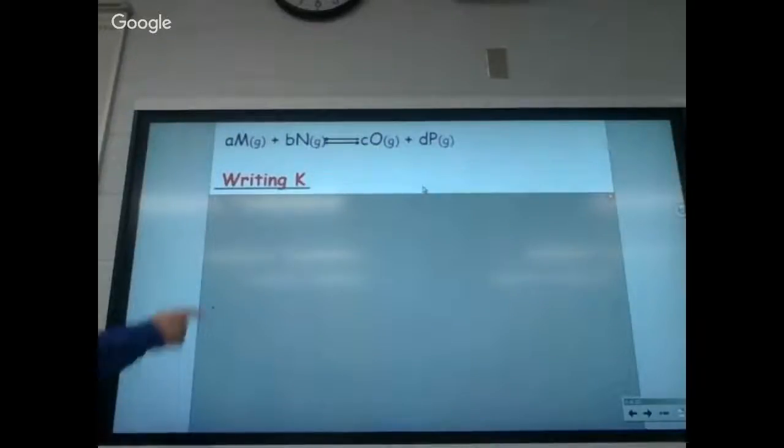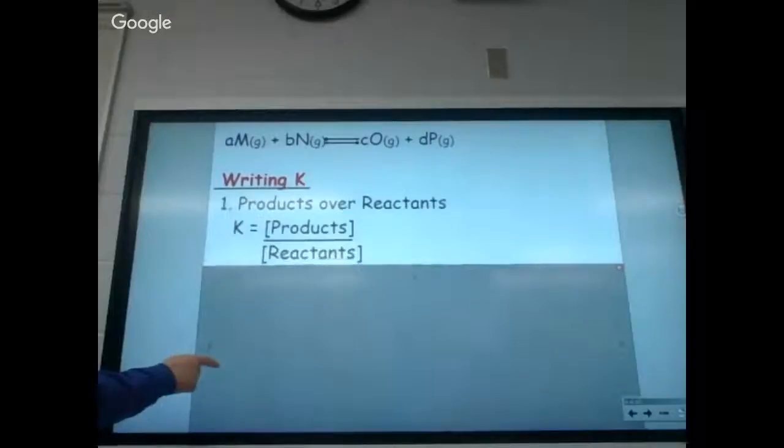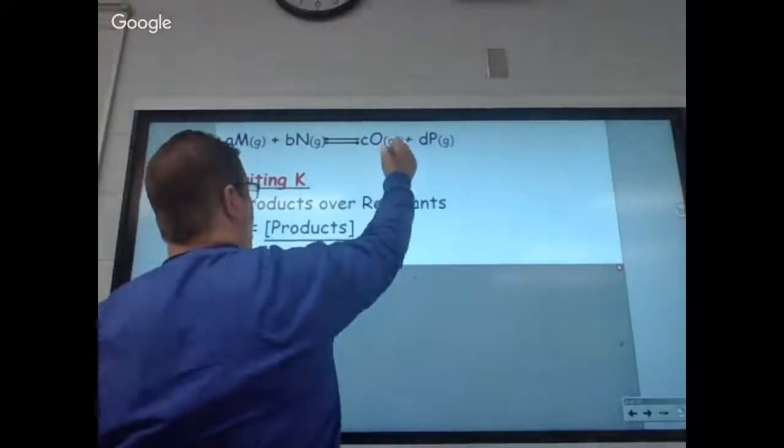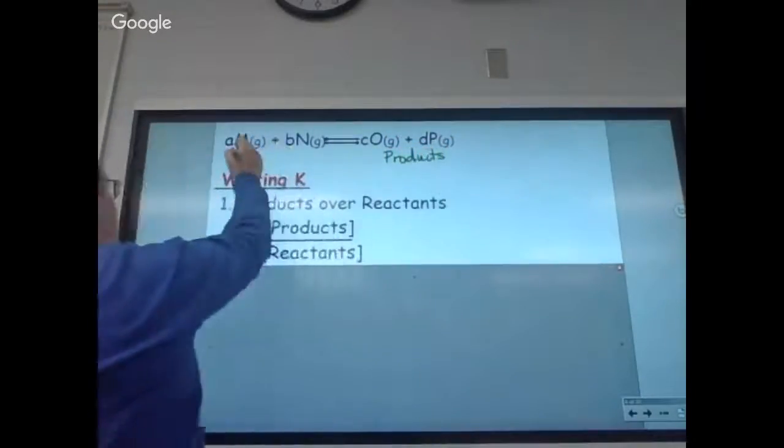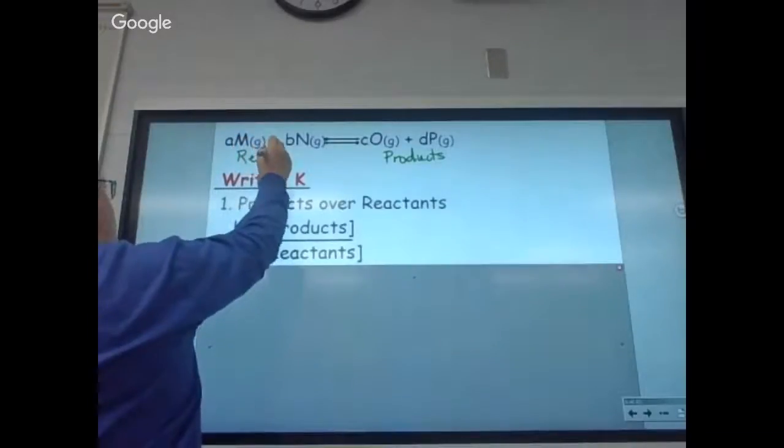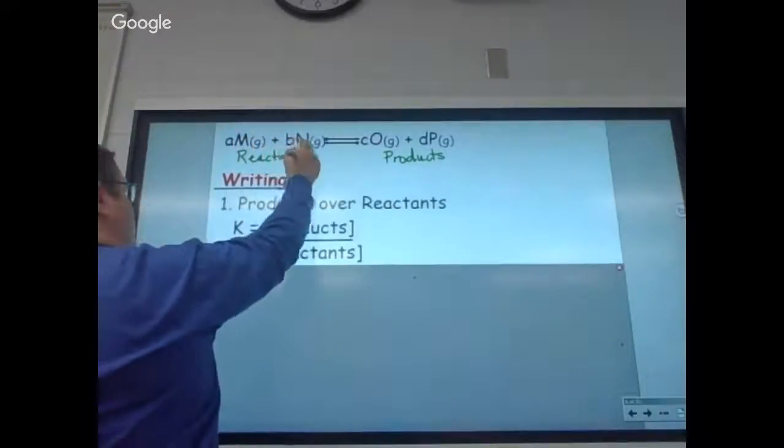All right, so step one. To write K, it's always the products over the reactants. Now, I realize that this is a reversible arrow. However, these are always the products. These are always the reactants.